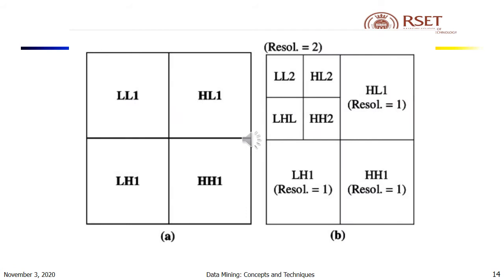Here you can see examples of the spectrum. We can split the image into 4 bands, that is low-low, low-high, high-low and high-high. Again the low band we can split into low-low and low-high. Similarly, depending upon the size, we can split the image, and based on that you can determine the frequency components of an image.